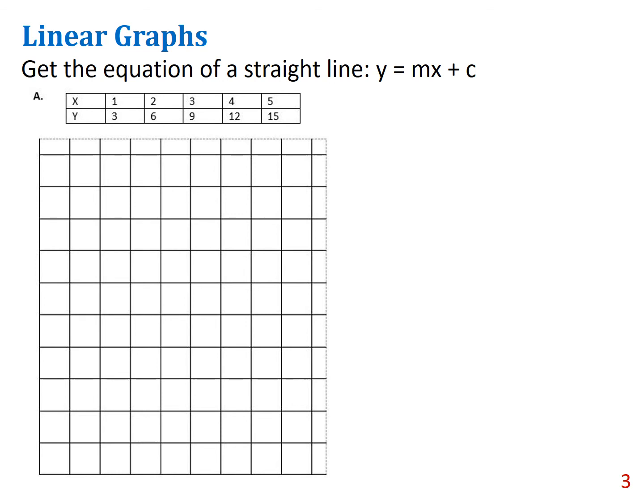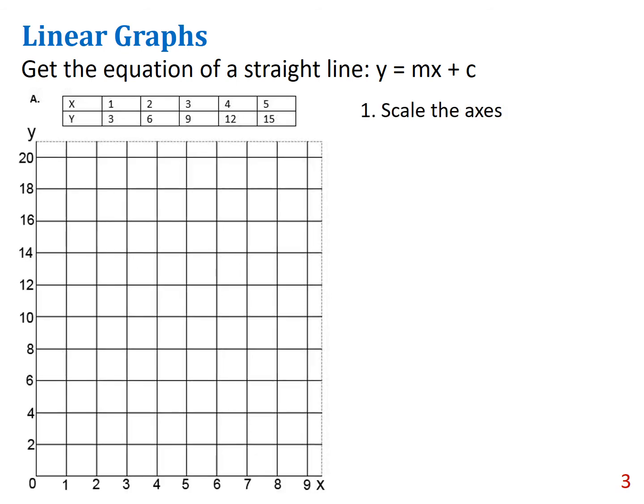We need the numbers from 0 to 5 along the x-axis. Unfortunately, we can't do better than just counting up by ones along there. We need to go up from 0 to 15 on the y-axis, so we're going to have to count up by 2s. So that's the first job, scale the axes.